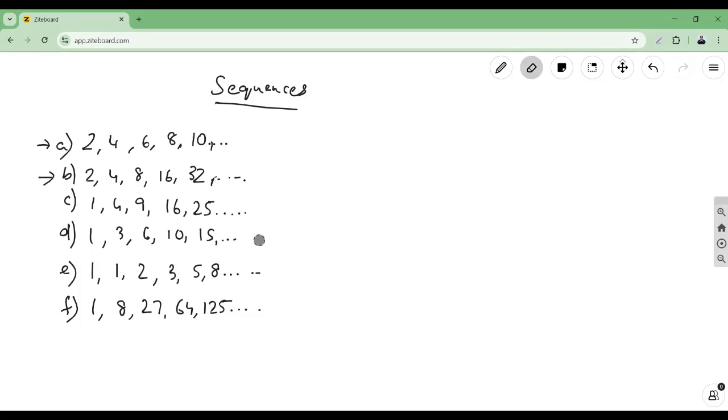Why are we doing this? Before I talk about these sequences, let me tell you where this can be useful. Let's say you are playing a game, and you keep one marble here, and then your friend places two marbles here like this.